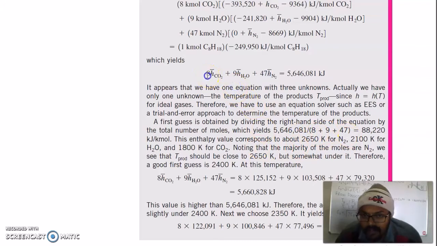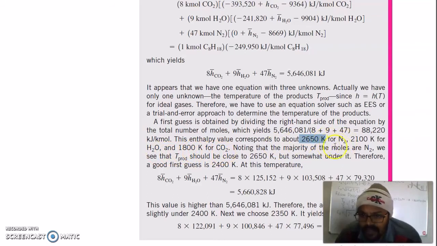Take all these moles, 47 plus 9 plus 8, and divide, and you will get 88220 kilojoule per kilomole of energy. This enthalpy value corresponds to 2650 Kelvin for nitrogen, 2100 Kelvin for water, and 1800 Kelvin for CO2.